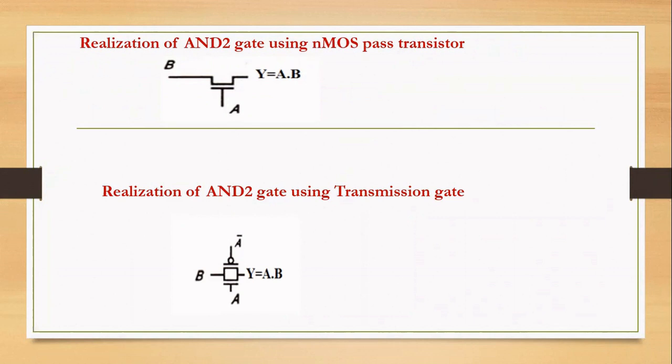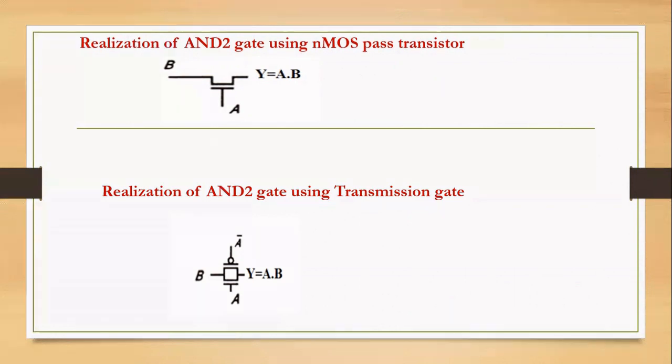Here you can see the realization of the subsystems using the pass transistors and transmission gate. So first we'll try to realize a 2-input AND gate using an NMOS pass transistor.